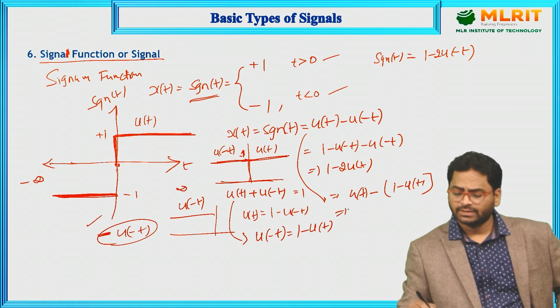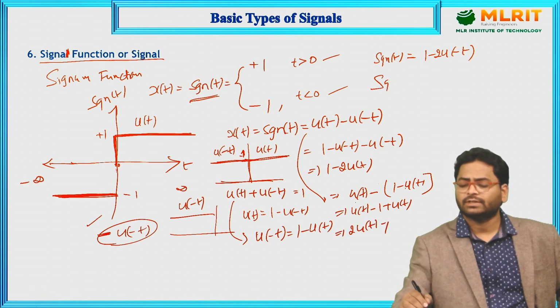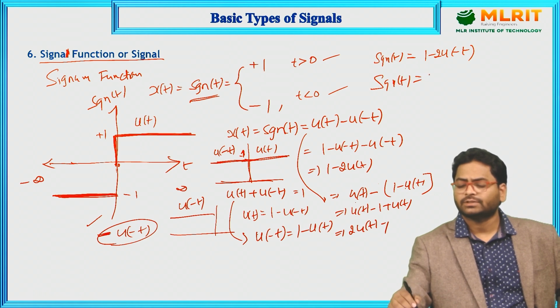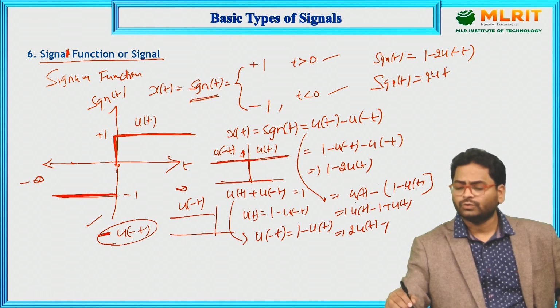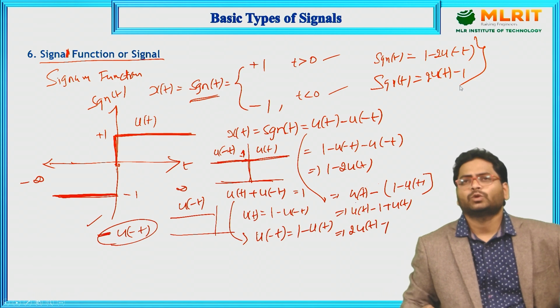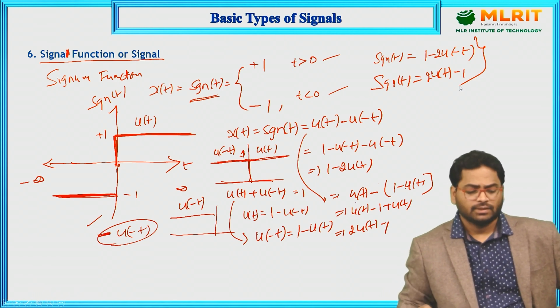So this is u of t minus 1 plus u of t, which gives 2 into u of t minus 1. So the same signal, signum of t, you can represent as 2 into u of t minus 1. These are the two representations for the signum function.